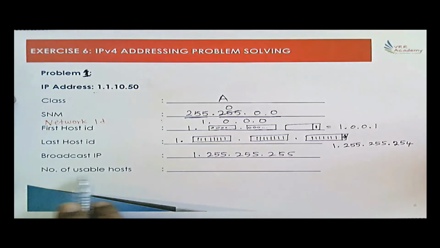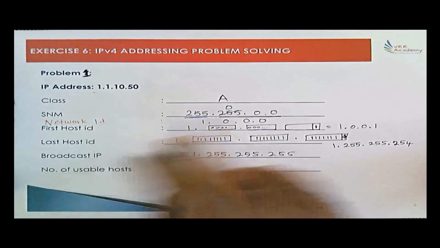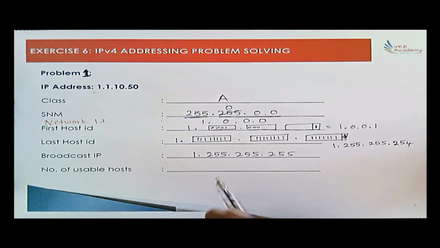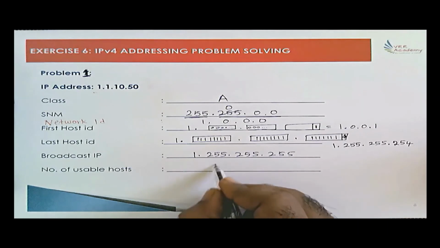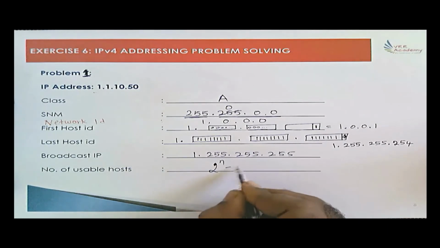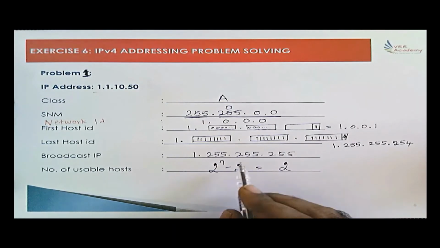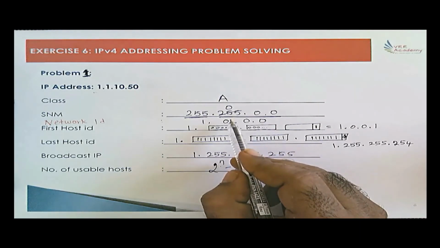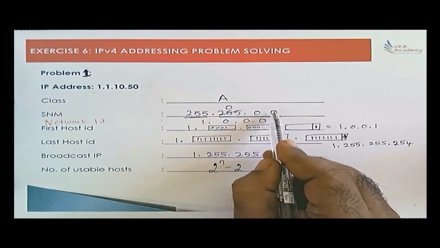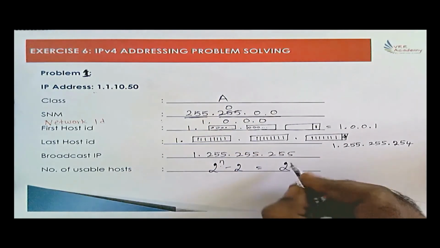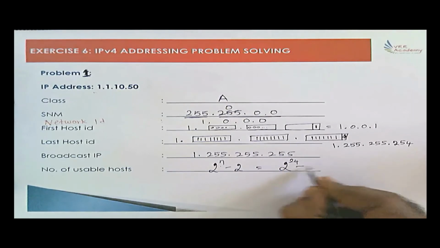Then the number of usable hosts. How many hosts can we use in a class A network, or how many valid IP addresses are available? You can calculate it using the formula 2 to the power of n minus 2, where n is the number of bits in the host part. Here the host part has 24 bits, so 2 to the power of 24 minus 2.